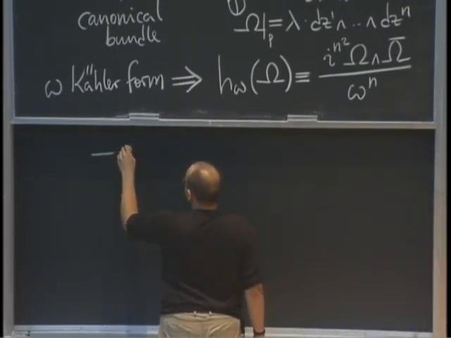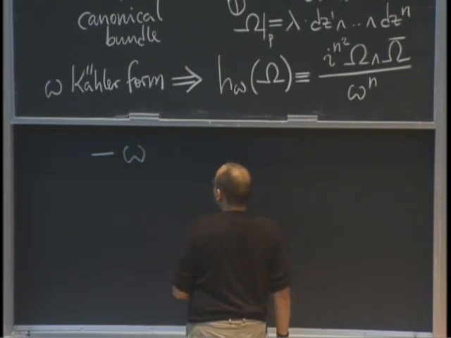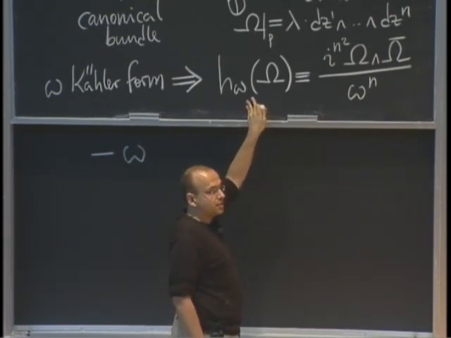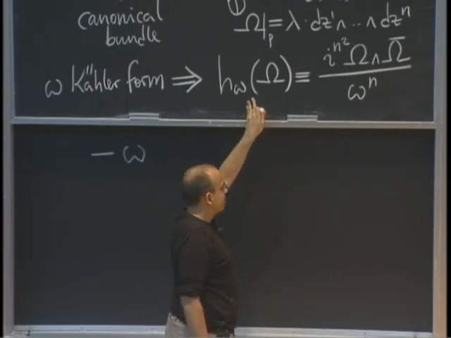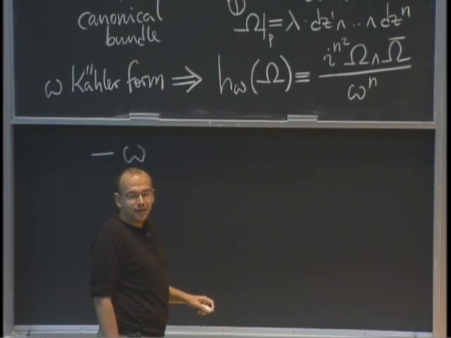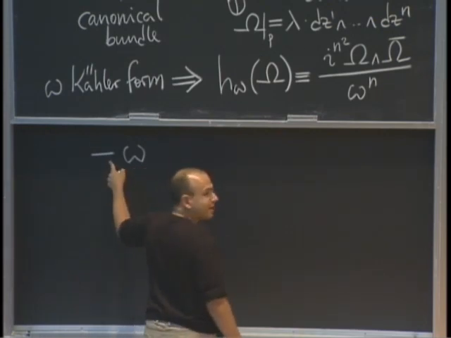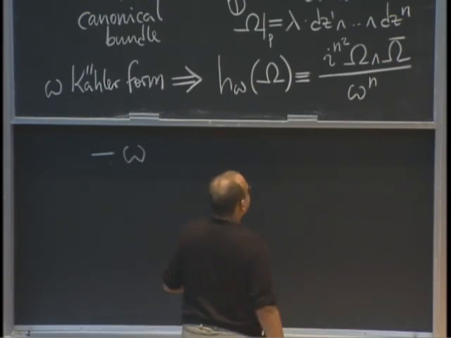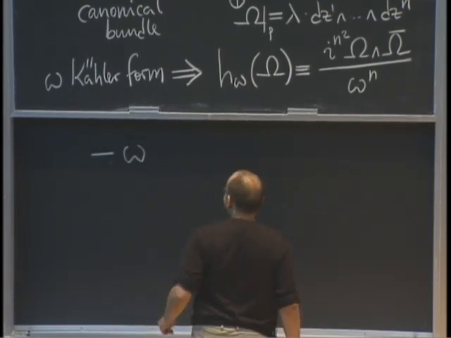Now the main formula is that if I take the curvature form of this Hermitian metric on the canonical bundle, then I get the Ricci curvature of the underlying Kähler structure, up to a minus sign that I forgot last time. That's kind of important if you're talking about Ricci curvature. It's positive or negative.